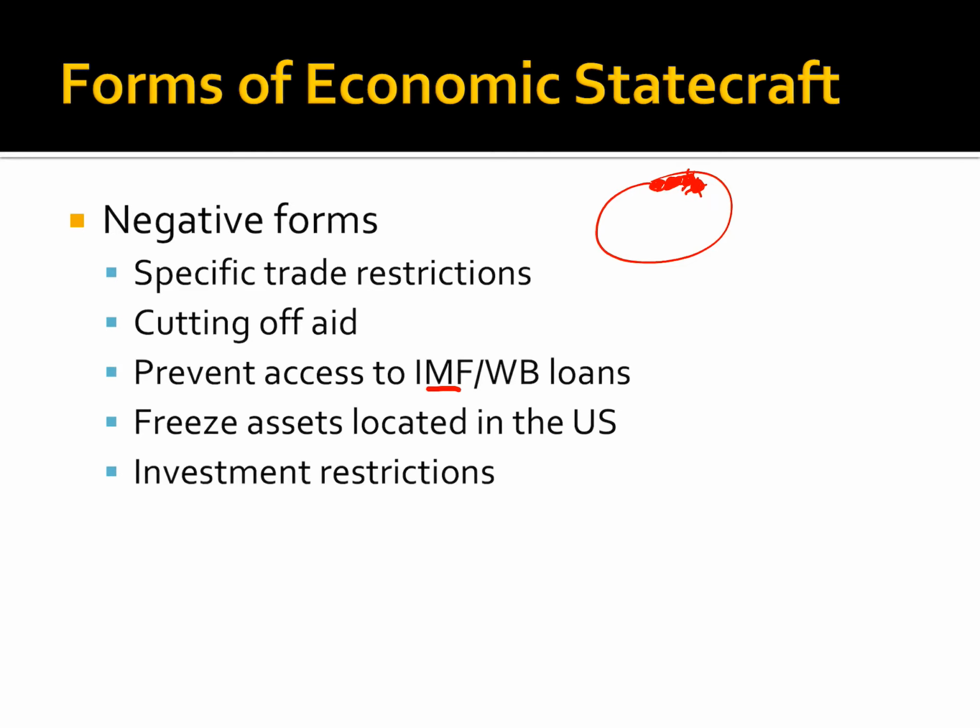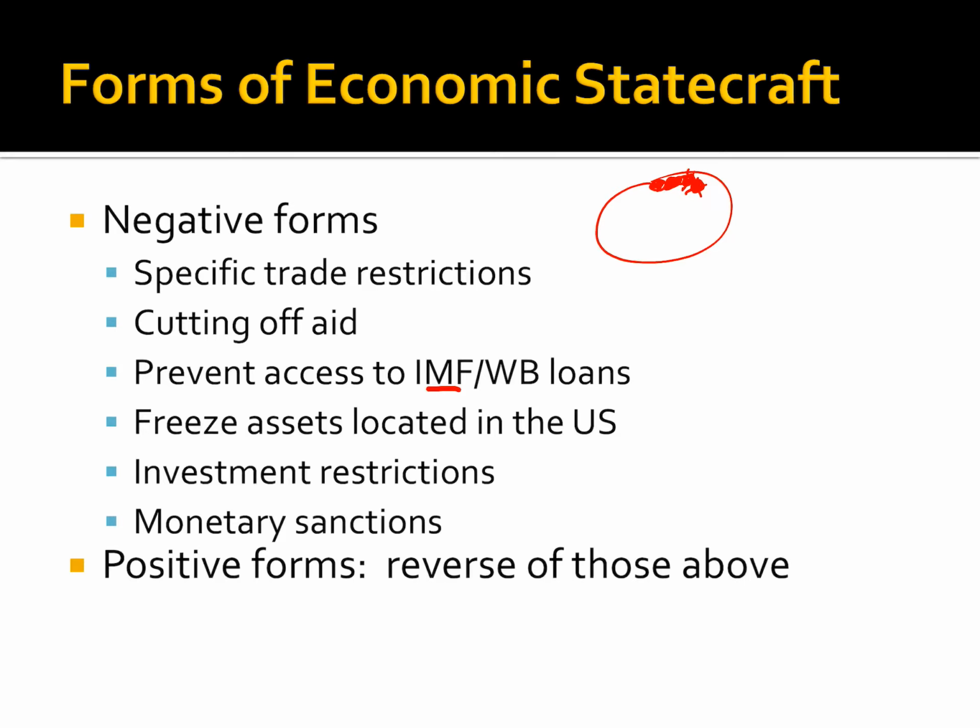Investment restrictions, we don't do that too often, but there are some. For example, if you decide that you want to invest in an Iranian company right now, you really can't. There's some restrictions on that. And then, of course, sanctions, whether economic, monetary, whatever those things might be, where you just say, nobody trade with those guys over there.